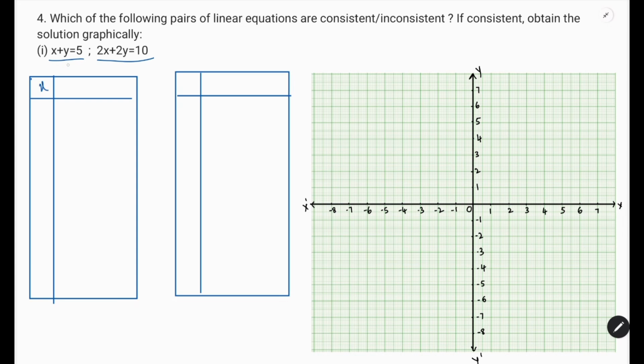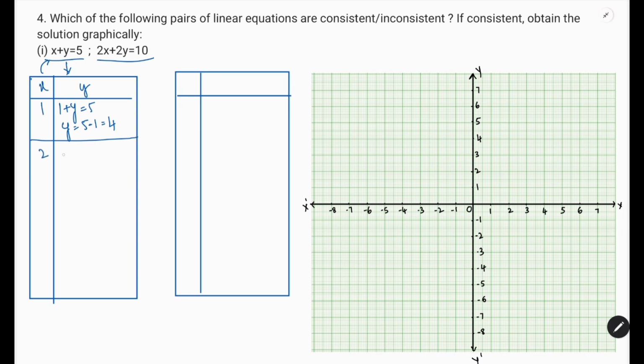See, here in this first equation, if x equal to 1, then substitute x in this equation. 1 plus y equal to 5. So, y equal to 5 minus 1 equal to 4. If x is 1, then y is 4.